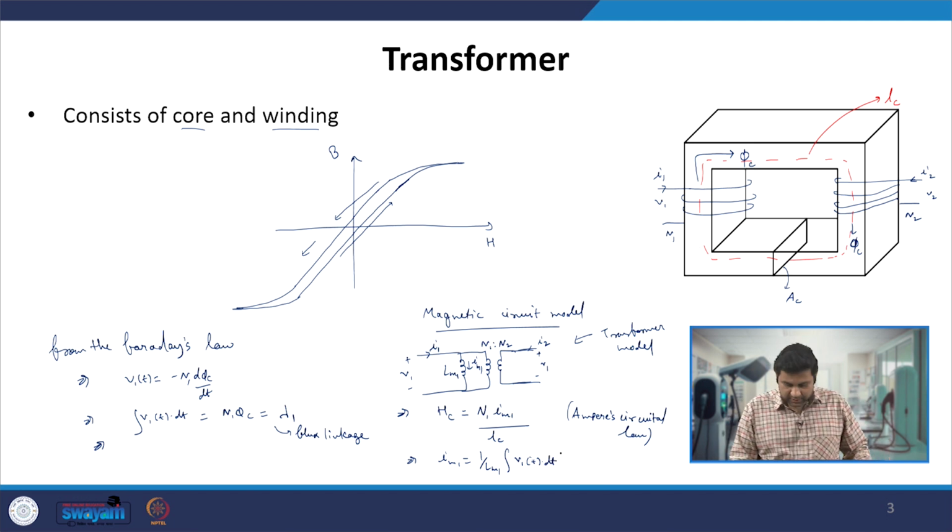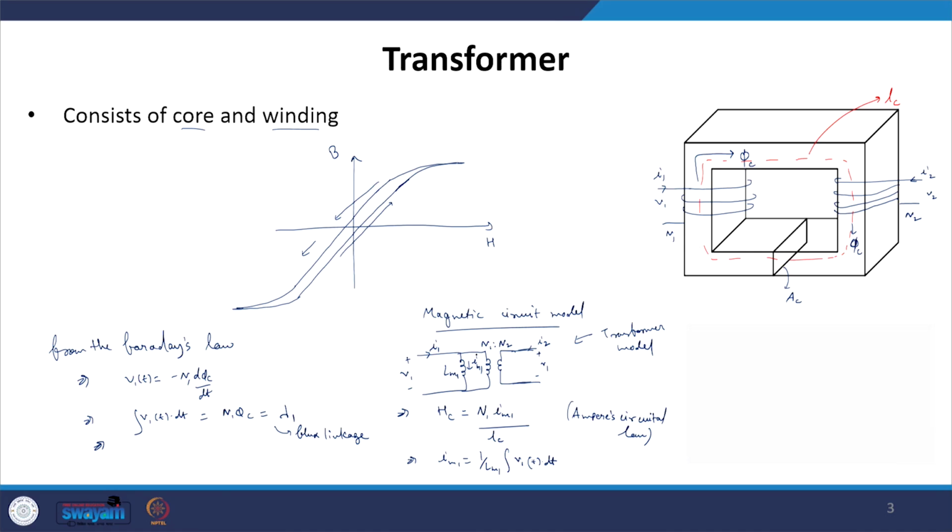So it is nothing but the integration of V1 dt. This is the Im1 going into the winding, and if you look very carefully, this flux linkage is the one which defines the amount of flux generated in the core.